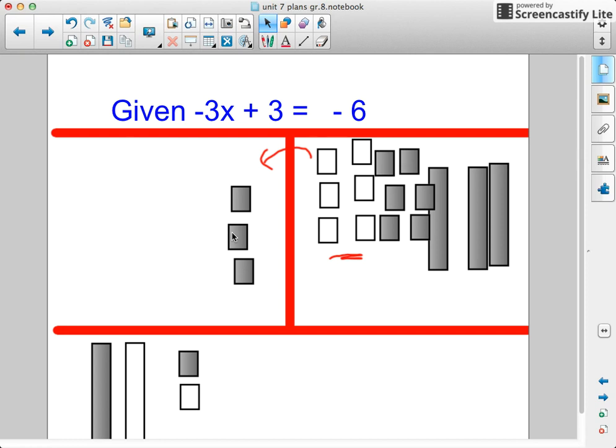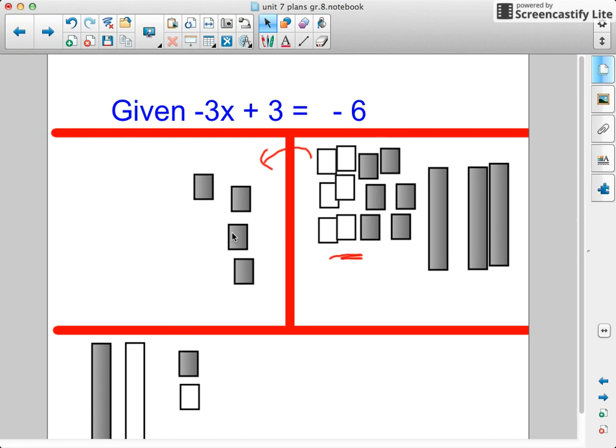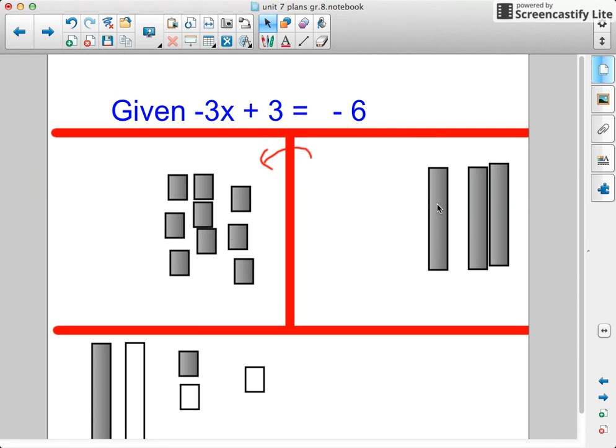Okay, and I have to do the same to both sides. So positive 6 there, positive 6 on here. These ones all cancel, so I can delete those. And I'm left with 3x on this side, 9 on this side, so 1x is going to equal positive 3.